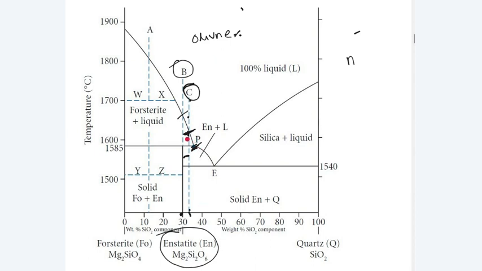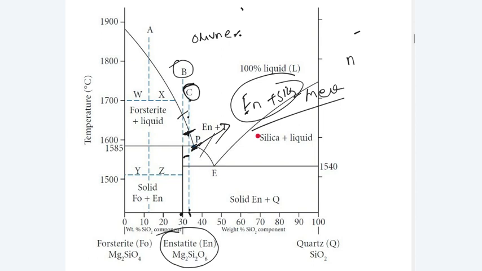So that means all the olivine will be consumed. So at this peritectic point, now we have ancetite plus SiO2 melt. Here there will be no olivine. You can see ancetite and SiO2 melt, and at that temperature, these two will behave like a eutectic.